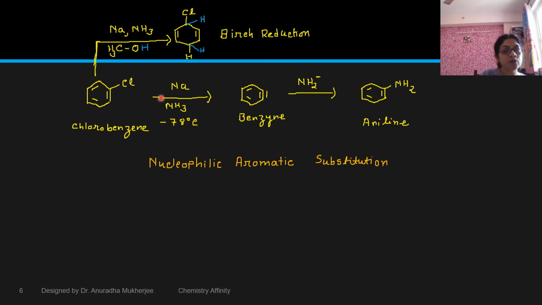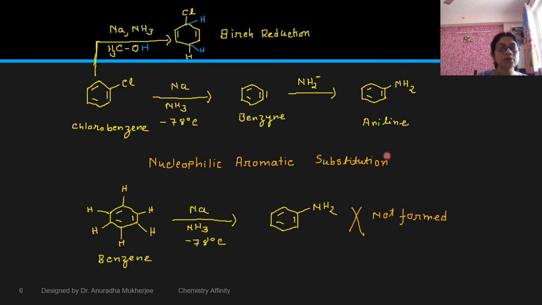Now you have noticed that for this particular reaction we have used sodium and ammonia, but we are not using alcohol. If we use sodium and ammonia with alcohol, it gives you a Birch reduction product, not the nucleophilic aromatic substitution product.